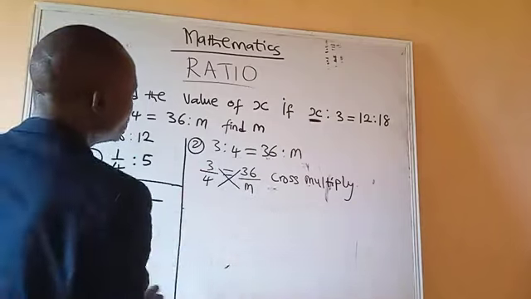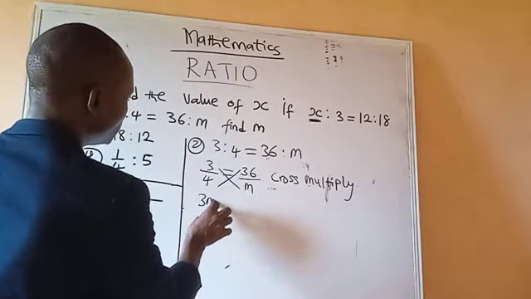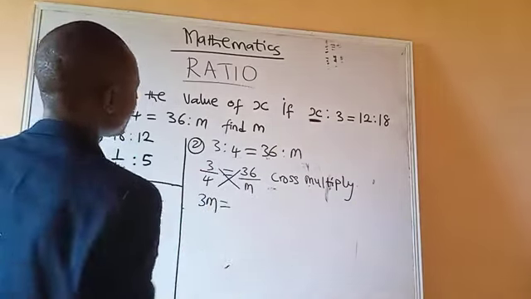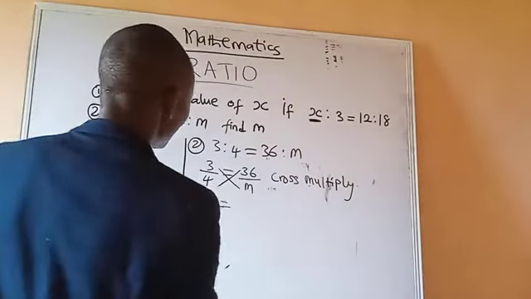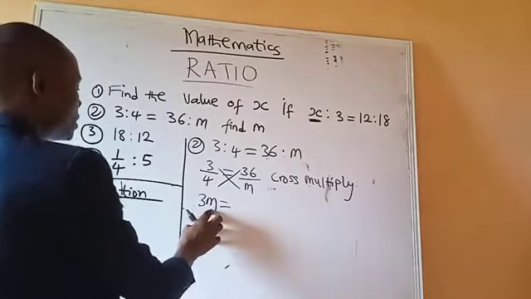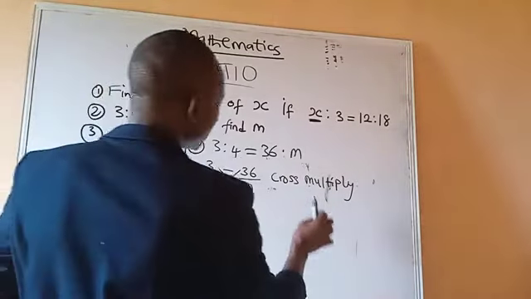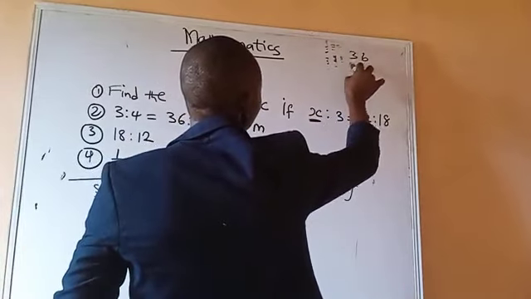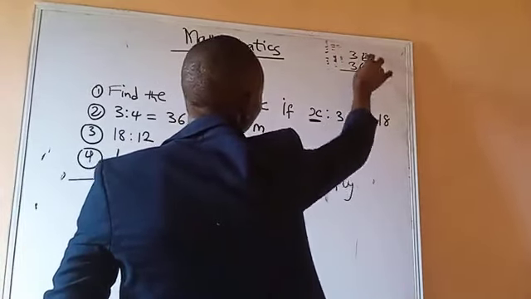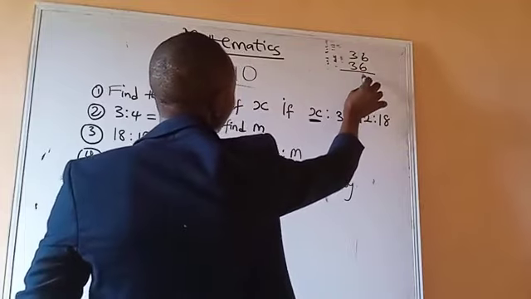3 times m will give you what? 3m is equal to 4 times 36. That is 36 into 4. This is the best way to do it. 36 plus 36. What will it give us? 6 plus 6, 12.